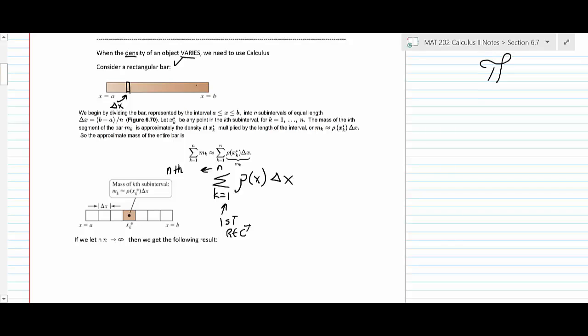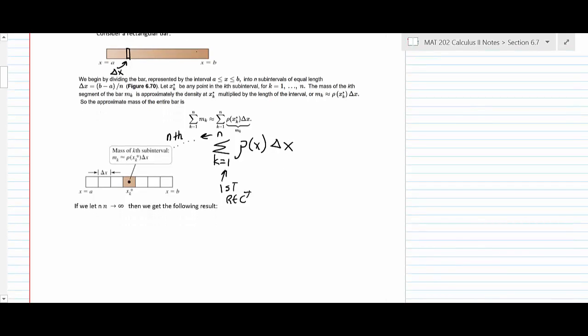It's the same idea as when we do the limit of the Riemann sum. If we take the limit as n goes to infinity of this Riemann sum, then we get an integral, okay? Because we're taking n going to infinity. What that means is we're using infinite numbers of rectangles, dividing up into tiny slices.